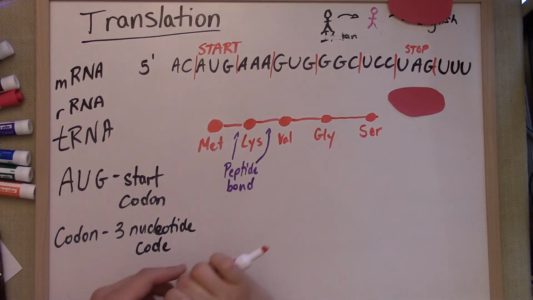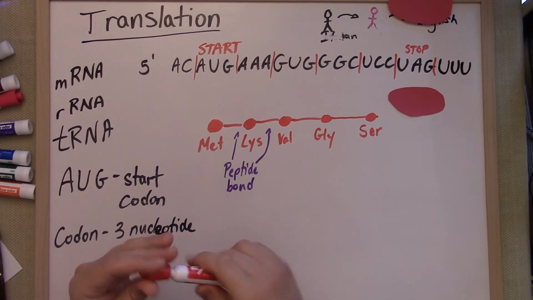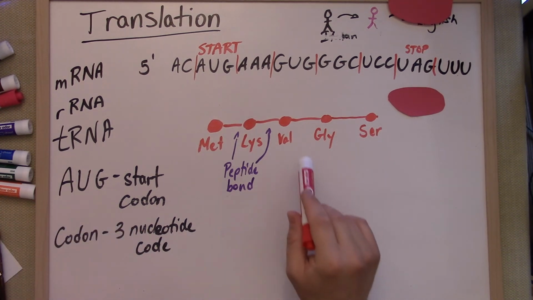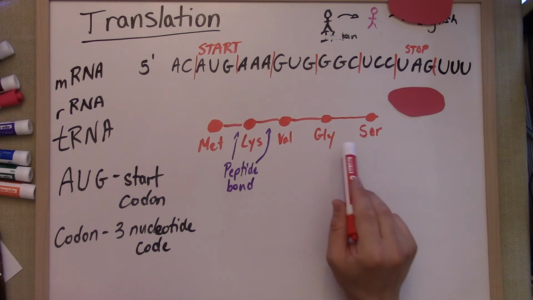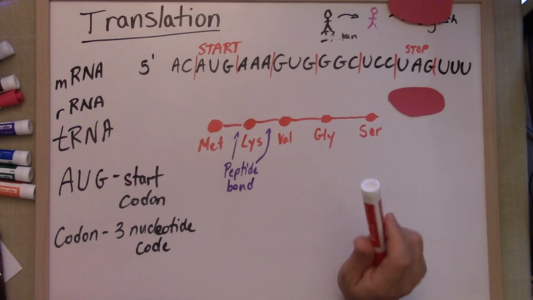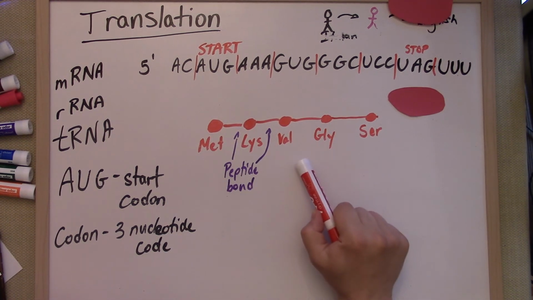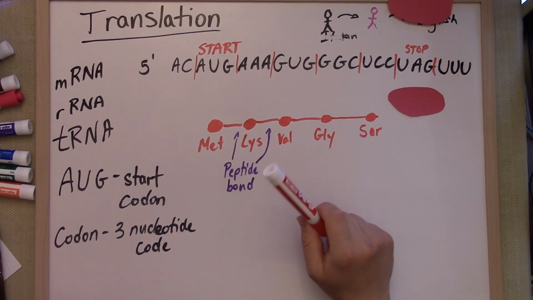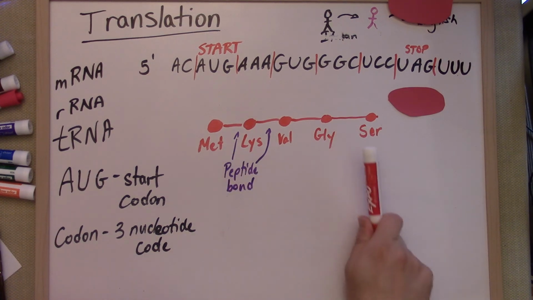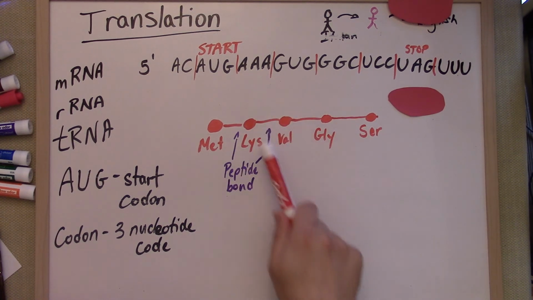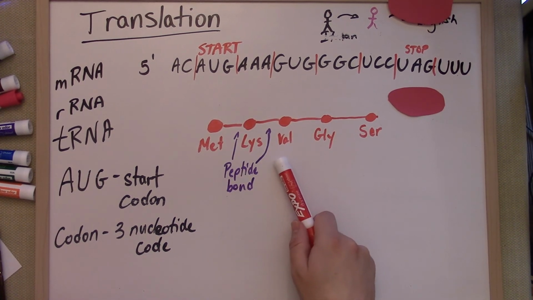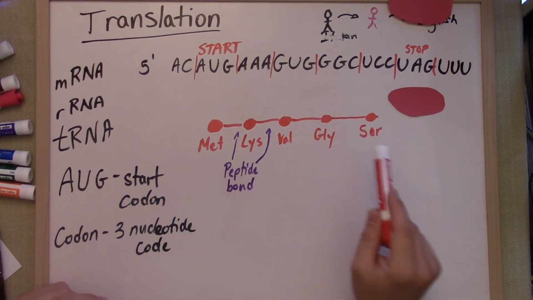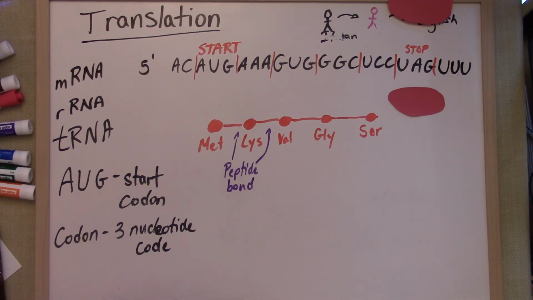If there's ever a mistake in this type of translation, like a mutation that changes which tRNA carries valine or which tRNA carries glycine, that is almost definitely going to kill that organism in the first few hours of life. This is responsible for making every single protein, and you can imagine that 1 out of every 20 amino acids would be wrong. That's a 5% change in the proteins. That's a huge change, and these proteins wouldn't be able to survive.